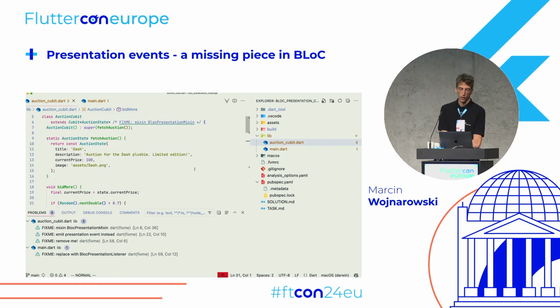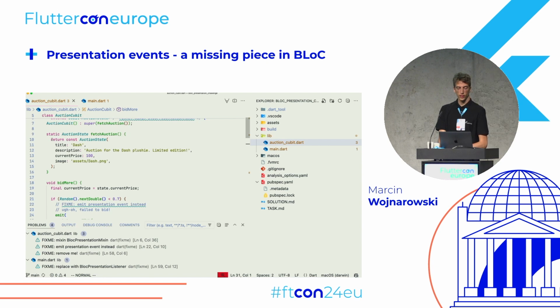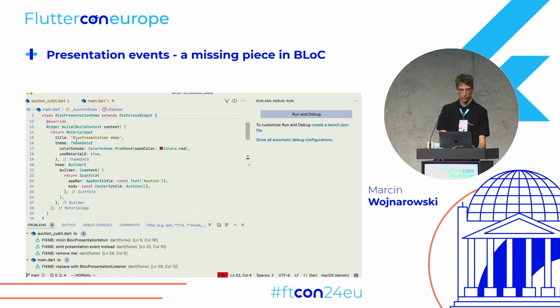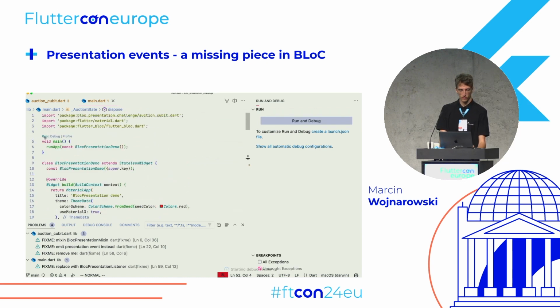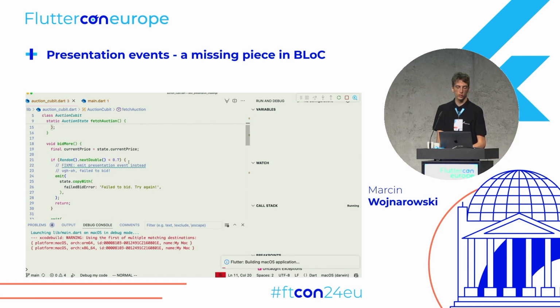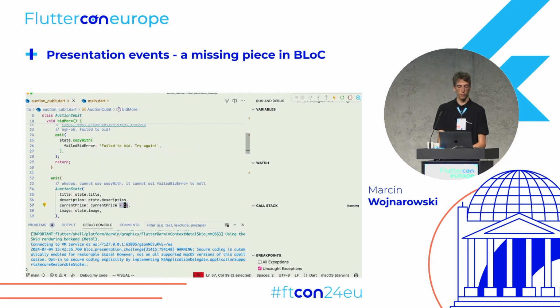So quickly, just to analyze what's happening here, we have a Cubit, and all it does is emit some hard-coded state for our auction. Maybe let's run the app in the meantime. And whenever we want to bid, here we just assume that we bid more, which is fixed by 10. So whenever we bid, we just increase the price by 10.